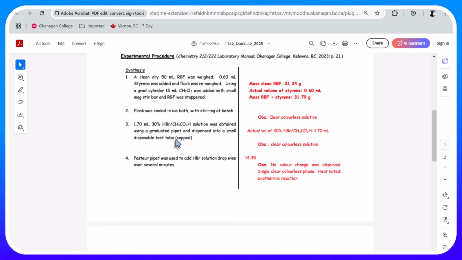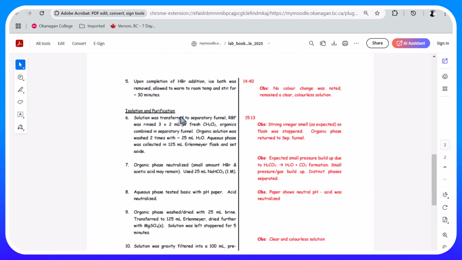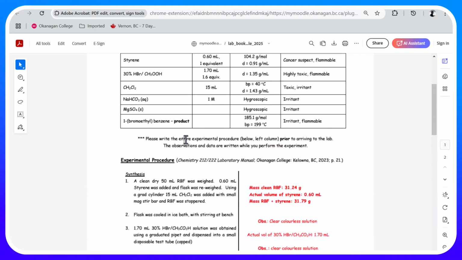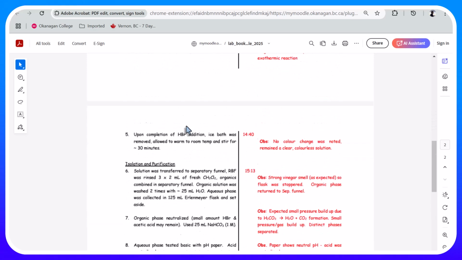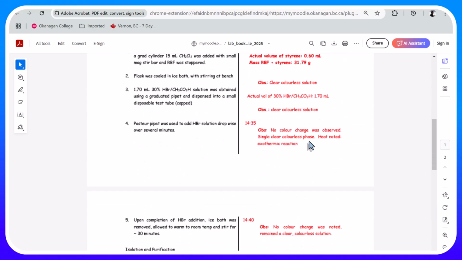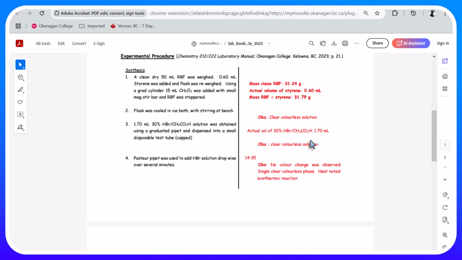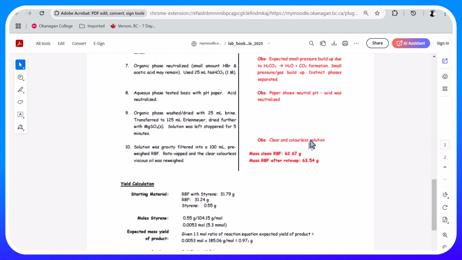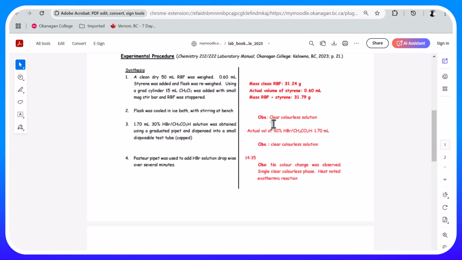Write it in passive voice, past tense, with all the appropriate detail that you need to be able to repeat the experiment, concentrations, volumes, this sort of thing, and then leave the right-hand side open for observations.